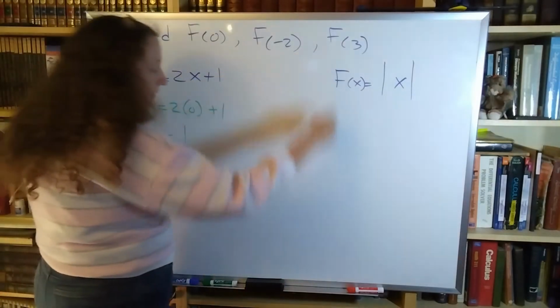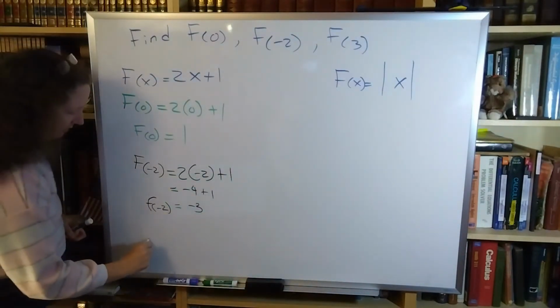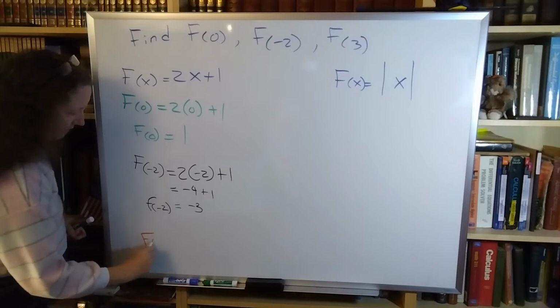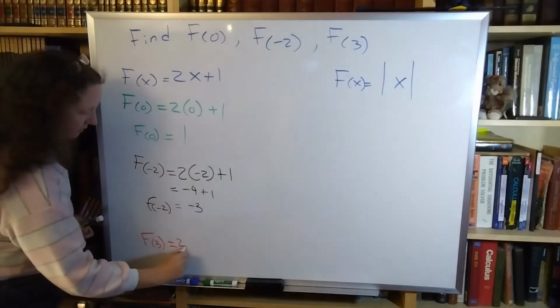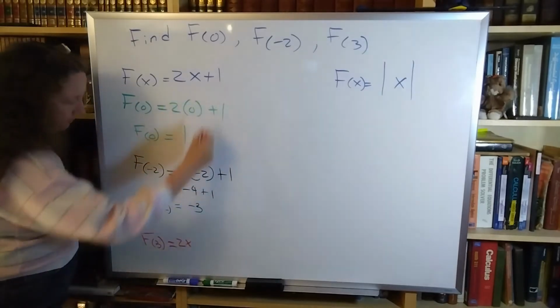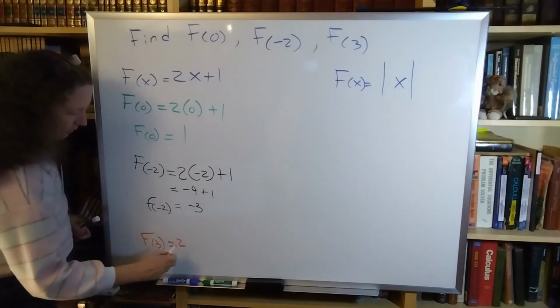And then the last one for this set, f of 3. So f of 3 equals 2x plus 1. But I'm replacing the x with 3.